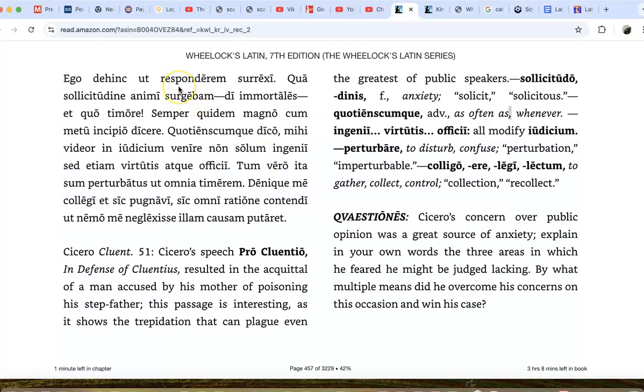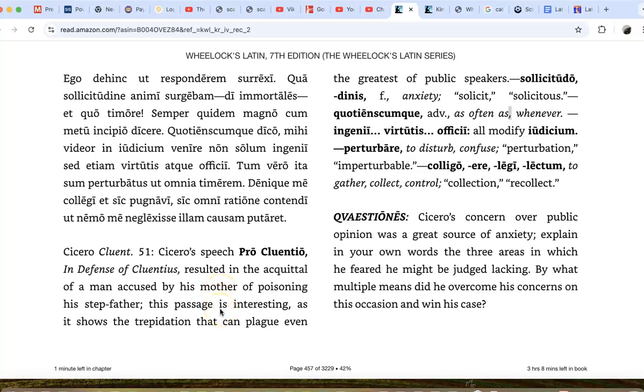So the idea here is he's getting up to speak. It was his turn to talk, right? He's giving a public speech in the Senate or whatnot. Actually here, they do give us context. In defense of Cluentius resulted in the acquittal of a man accused by his mother of poisoning his stepfather.